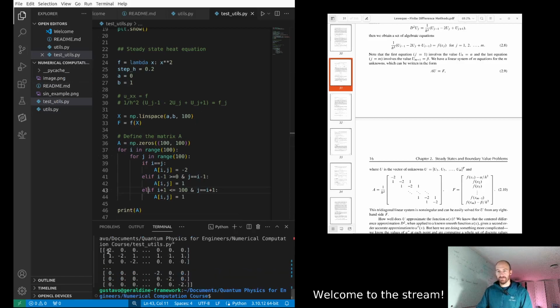Okay, so now we see the matrix looks a little bit better. So -2s on the diagonal, yes, but then these 1s are not working. So 1, 1, 1. Also here is wrong. And then i equals j plus 1. They have to be together.